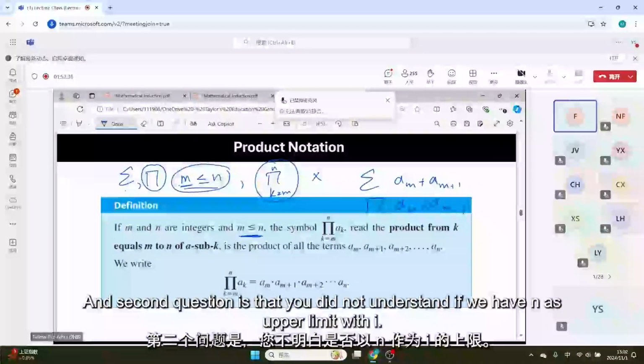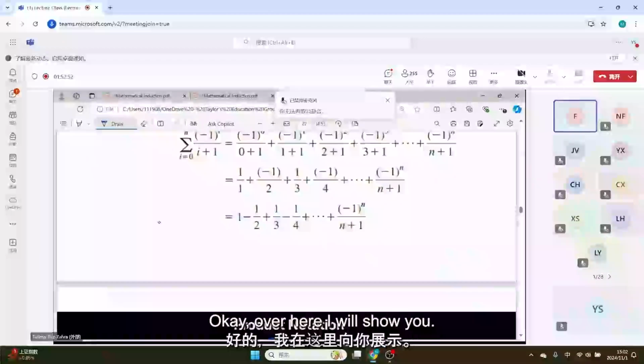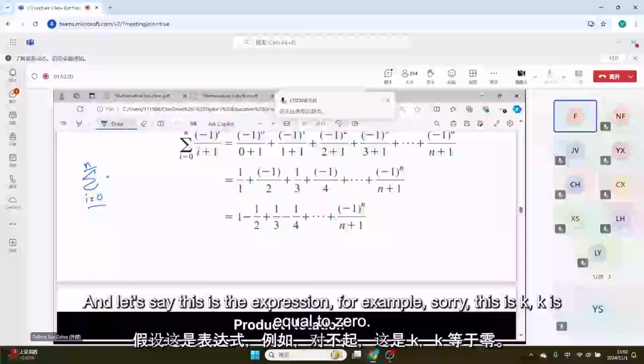And the second question is that you did not understand replacing with i if we have n as the upper limit. Let me show you over here. See, you have the notation, and here this is the lower limit, this is the upper limit, and let's say this is the expression, for example k squared, with k equal to 0.